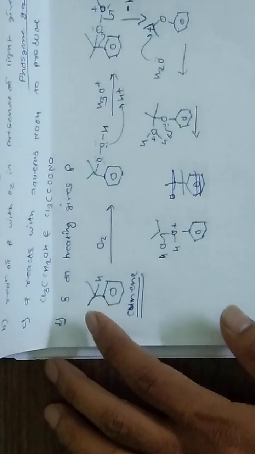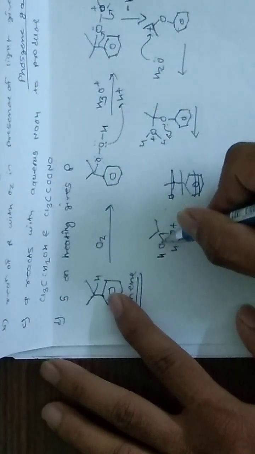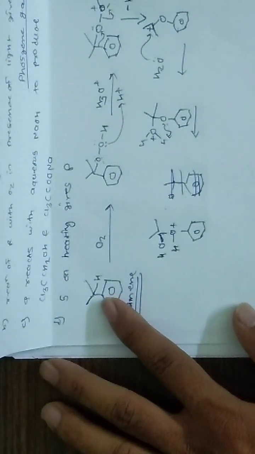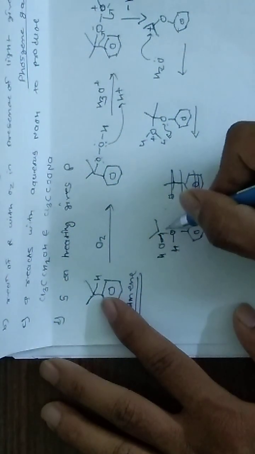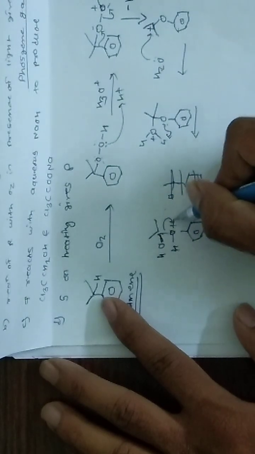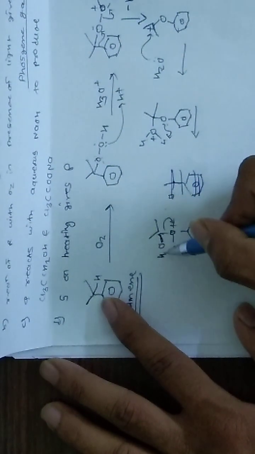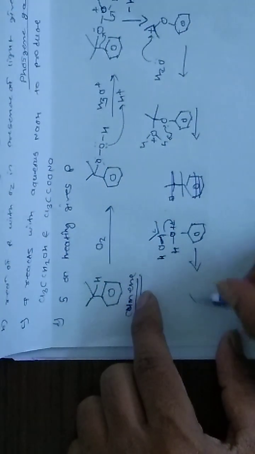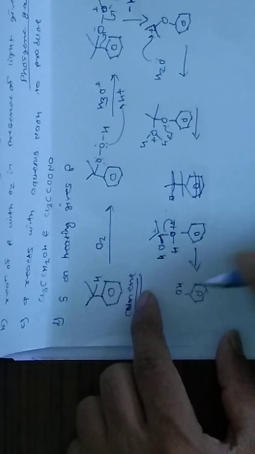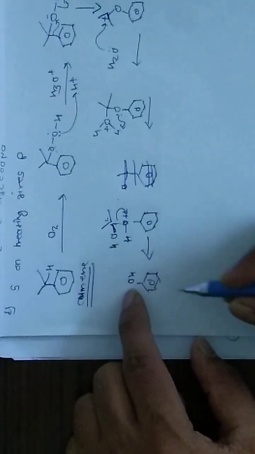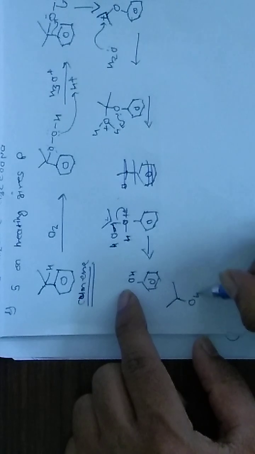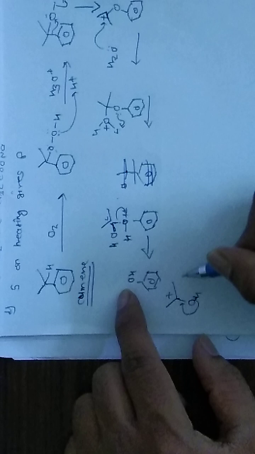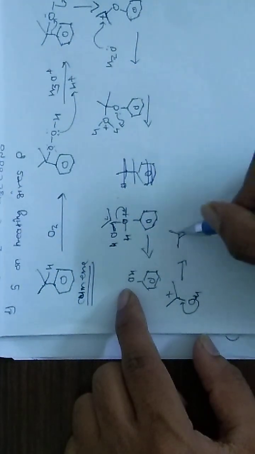So now this becomes alcohol, and due to positive charge on that oxygen, this also becomes a very good leaving group. So this will leave out and therefore positive charge on that oxygen will come. So here phenol is formed and another one is OH positive, and this proton leaves out and forms ketone.